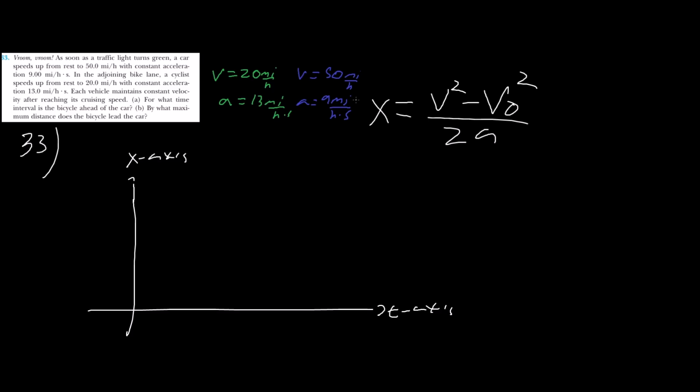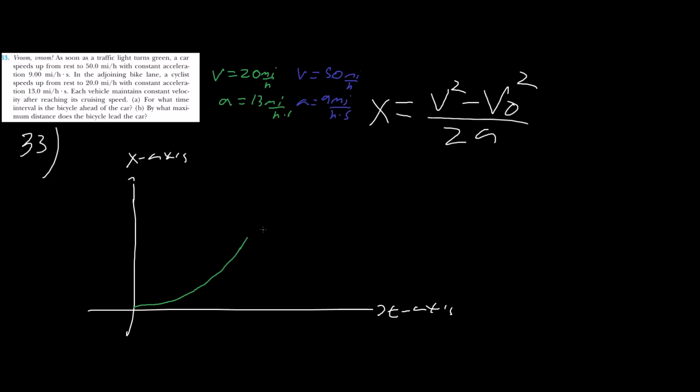so both of them are going to have 0 meters per second or miles per hour, whatever, and this bike is going to have a bit more acceleration, so it's going to go ahead of the car, maybe not like that, but something like that. I can't really draw that well.